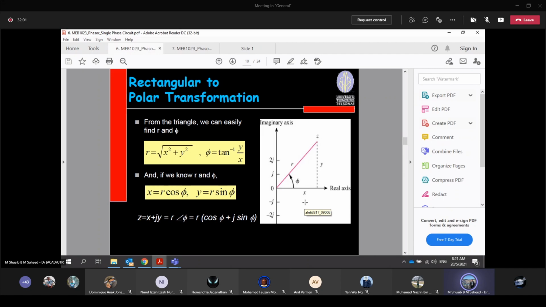That means it is in degree. If you put all the values in radian and you use degree to find the answer, you will get a wrong answer. So you have to be careful.